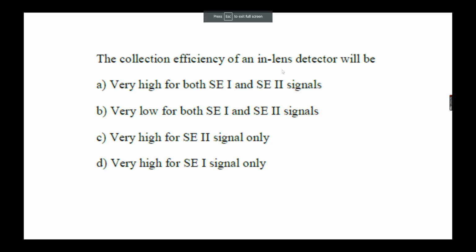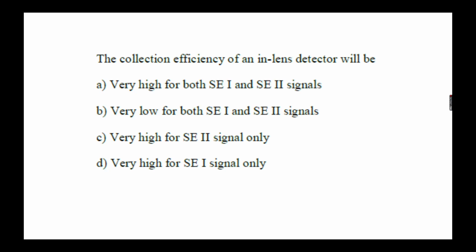But here just notice that the question is about the collection efficiency of the in-lens detector. When the term efficiency comes, it is not very high for both SE1 and SE2. I have shown you about the SE2 signal, so the efficiency cannot be high for SE2. It is only for SE1. Somebody was saying D, which is absolutely right.